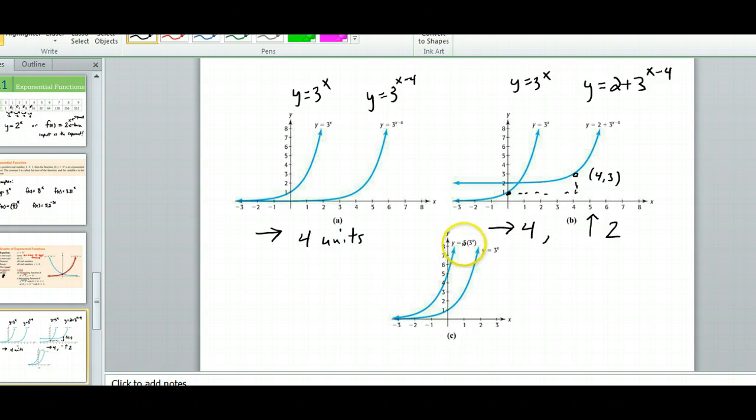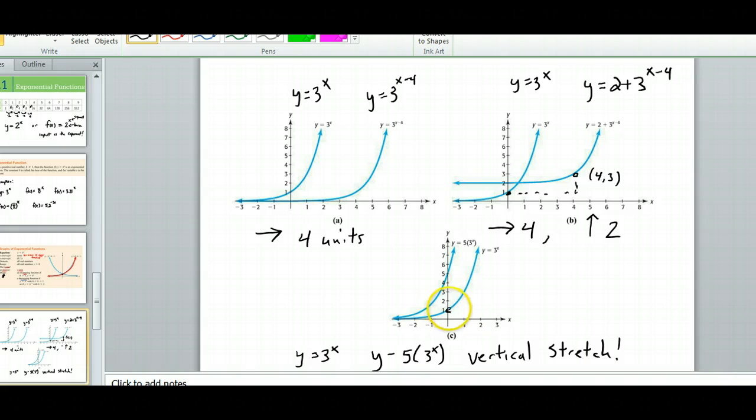And then this one, 5 times 3 to the x. Just like before, if we multiply the output times a number, it's a vertical stretch by a factor of 5 in this case. So again, it's like we grab the graph and pull it upward.